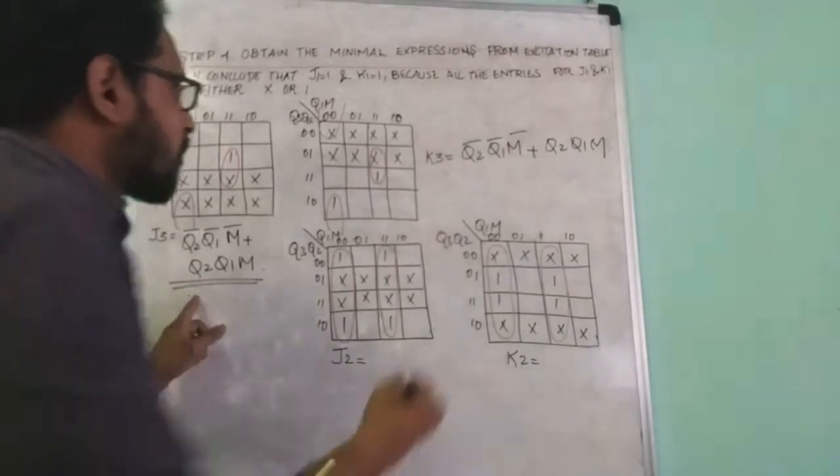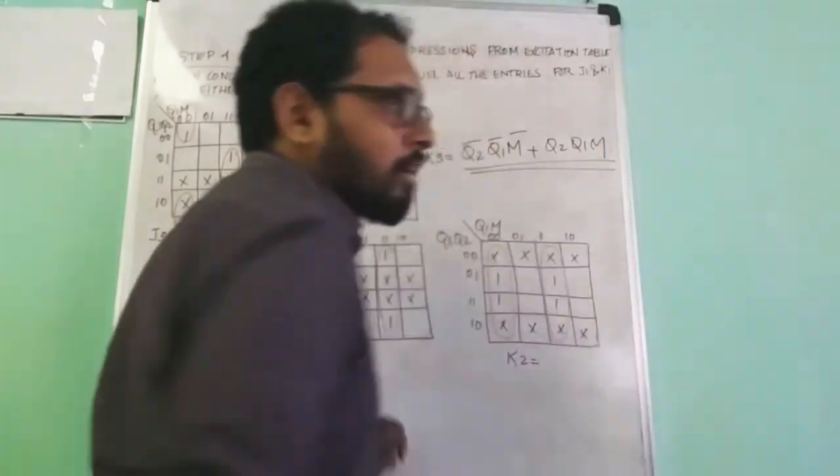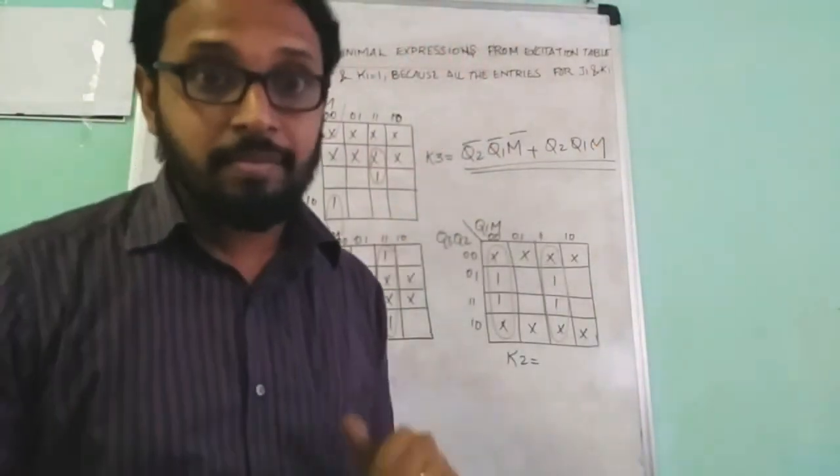That is, both J3 and K3 have the same value.